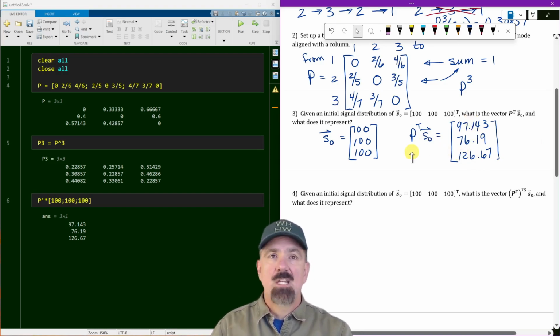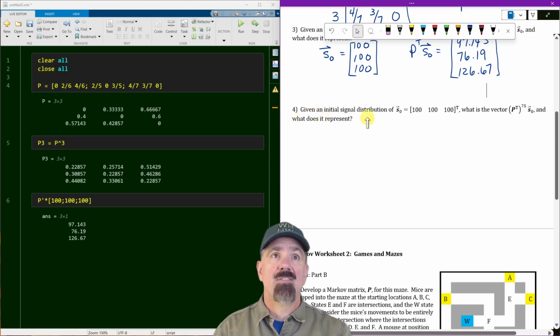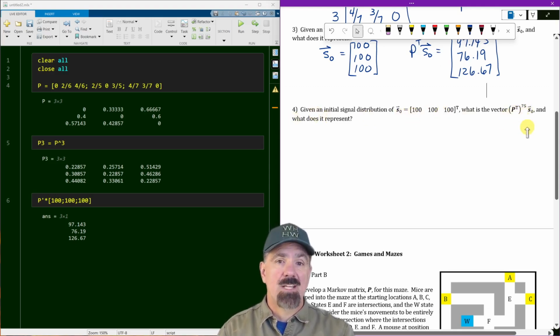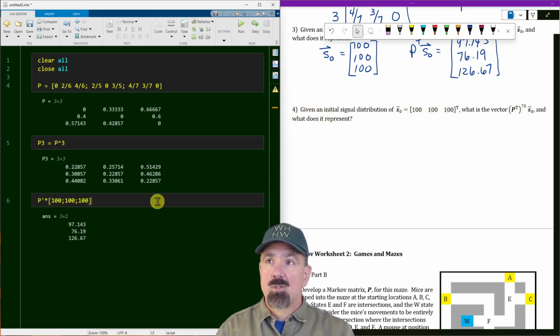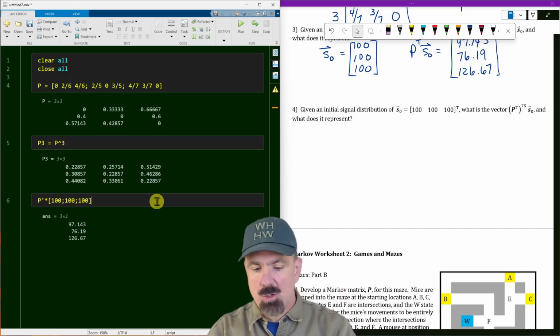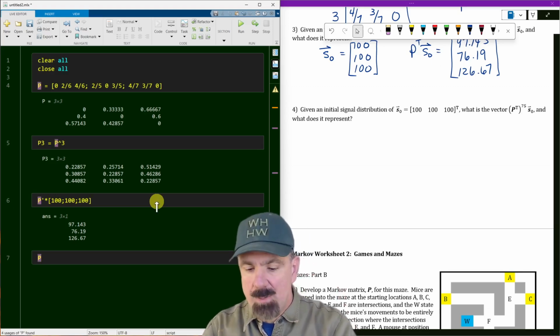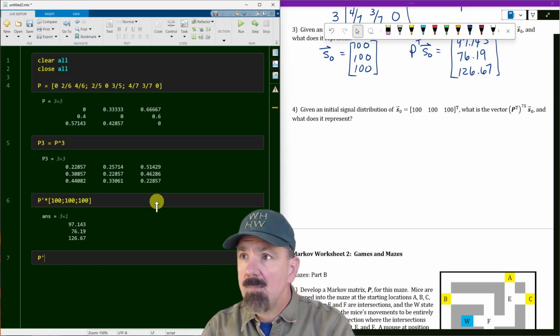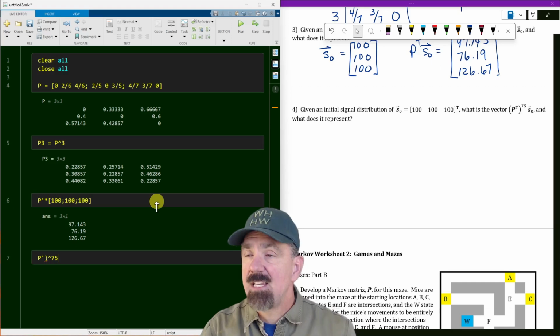So then continuing with that idea, we have the last question. Given an initial distribution that's the same, what is p transpose 75 telling me? So what I want to do is I want to calculate p transpose 75 and show you what that is. So I'm going to go p transpose, and I'm going to raise that to the 75th power.